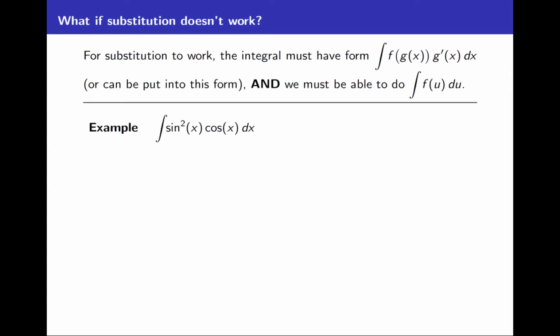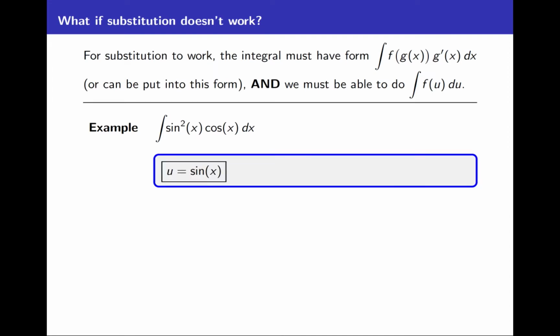For example, think of the integral of sine squared x cosine x dx. When you look at that with your experience with substitution, you probably immediately see to make the substitution u equals sine of x. And doing so, du dx will be cosine of x. So du is cosine x dx. So this cosine x dx in the integral equals du.